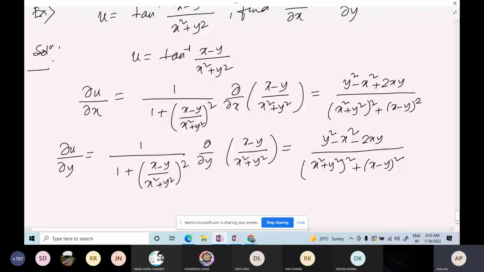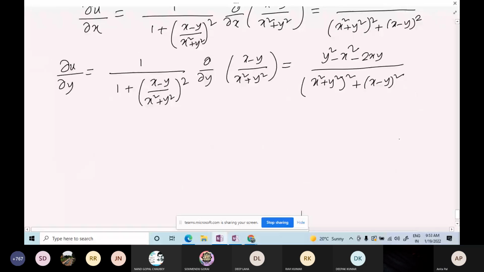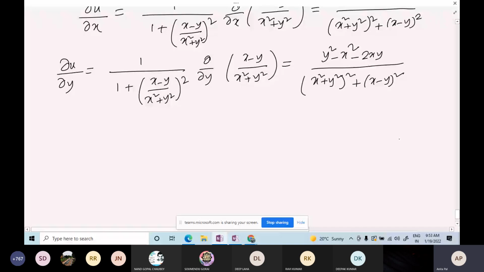So in this way, we obtained del u del x and del u del y. I believe partial derivative is something which you understood, how to get the values.